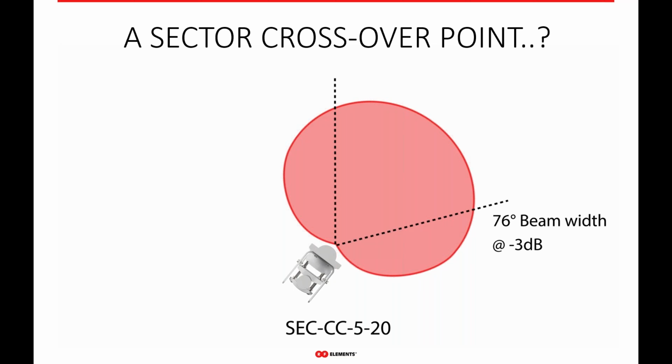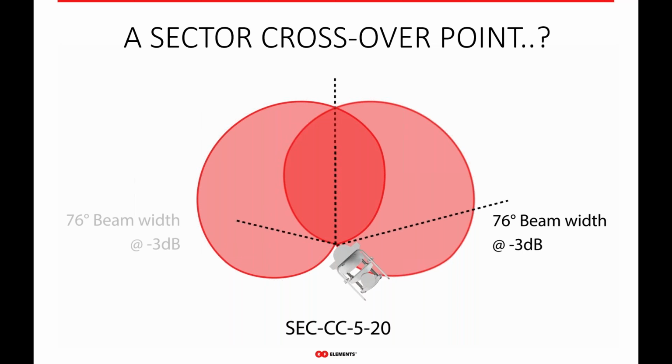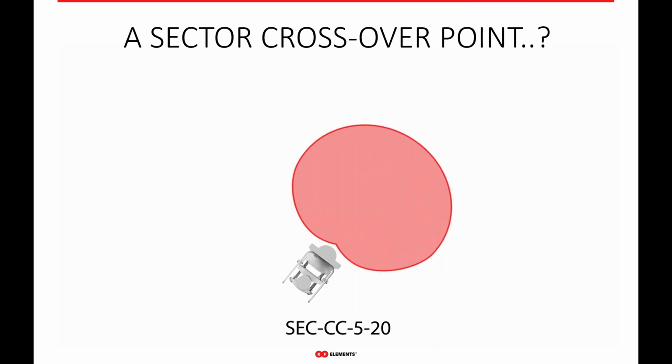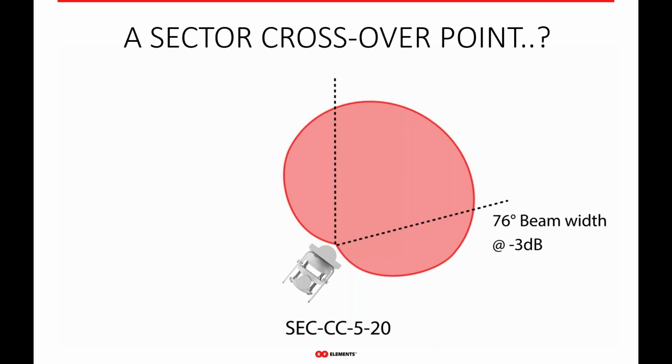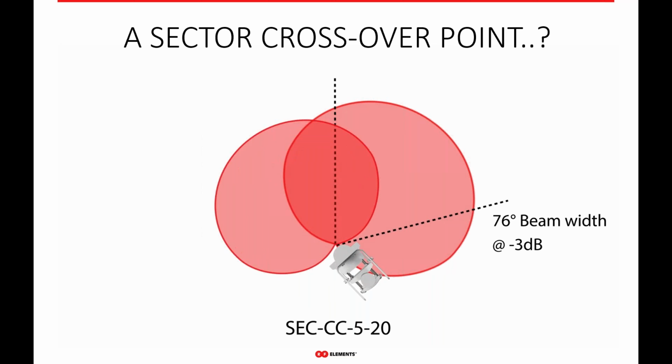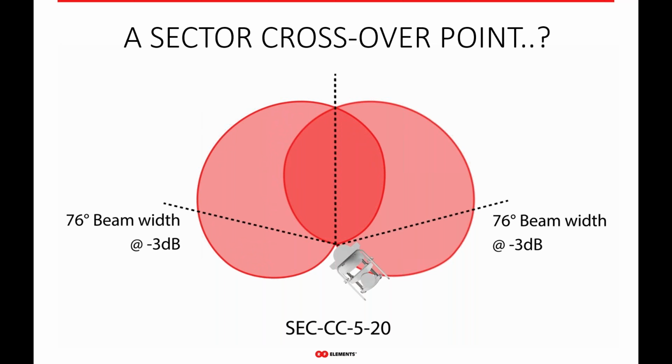In textbooks about antennas, you can find that the -3 dB beam width angle marks what's called the crossover point of two sectors. This is the point where the coverage areas of the two sectors need to overlap to ensure proper functionality of a network. But as with any textbook parameter, it depends on the type of application.